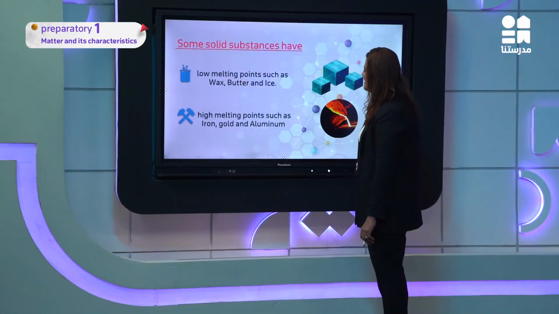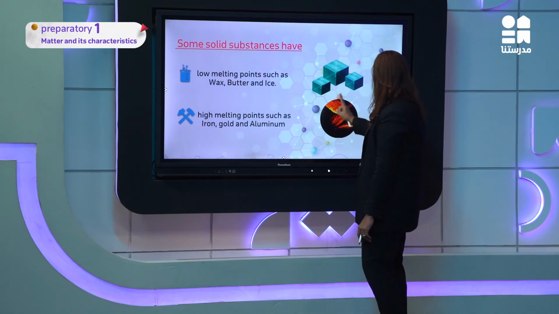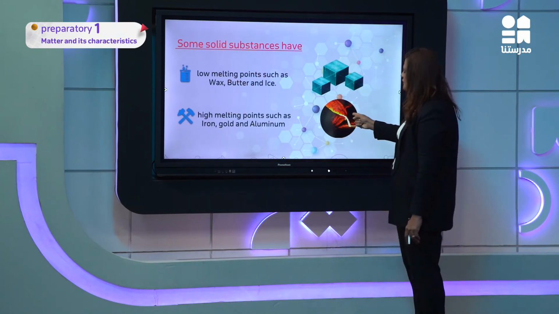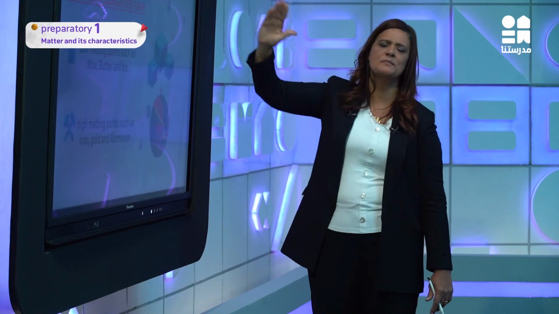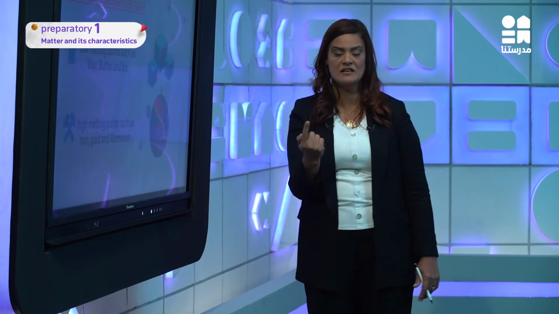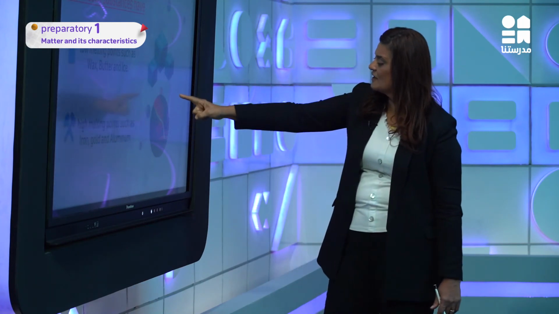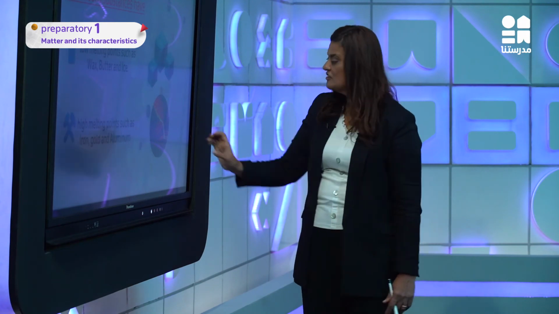طب ايه كمان؟ High melting point such as iron, gold and aluminium. شايفين الشكل ده؟ If you observe، هرجع تاني لكلمة observe، a piece of iron during melting أو on heating a piece of iron when it starts to melt، انتوا متخيلين الهاي temperature اللي بتوصل لها عشان يحصل melting لبيس اوف iron عشان الايرون يسيح؟ Can you imagine؟ بيوصل للشكل اللي انتوا شايفينه ده، gets red color، بيحمر الاول لانه اخذ very very very high temperature and it takes time عشان يقدر يوصل للشكل ده.